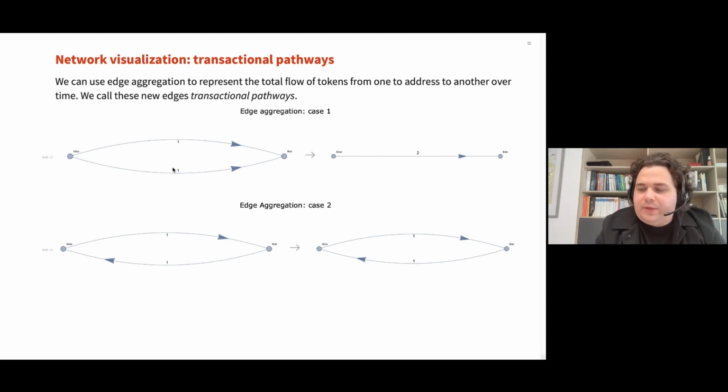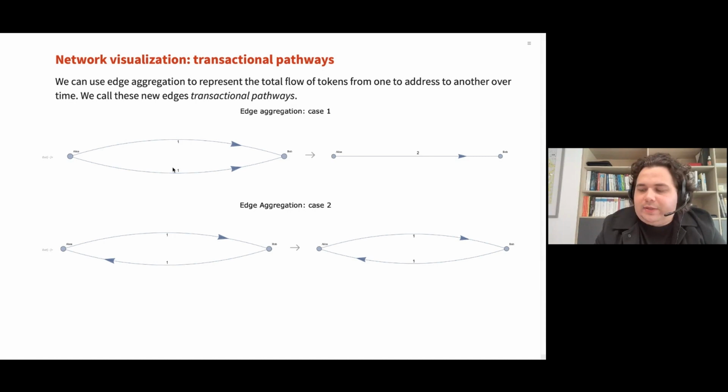A transactional pathway is an asymmetric relation between two addresses. So, for example, if you have Alice and Bob, and Alice sends one token to Bob at one point in time, and then another token to Bob at a different point in time, we can consider that transactional pathway as a single instance, an edge aggregate, and consider this as a single edge with an edge weight corresponding to how many tokens were sent from Alice to Bob.